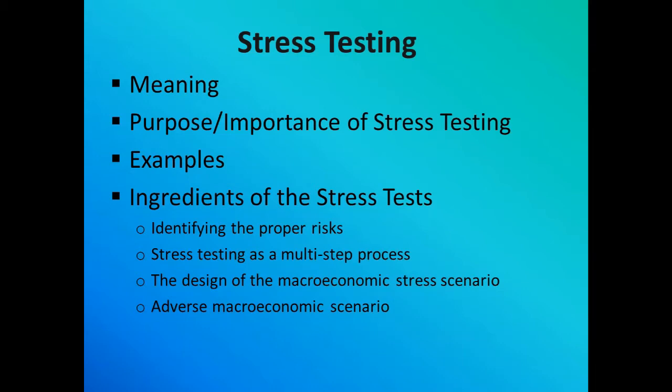Generally, the most commonly used macroeconomic variables in stress tests are GDP, gross domestic product growth, unemployment, short-term interest rate, export growth, domestic consumption, the stock exchange index, and a long-term interest rate.